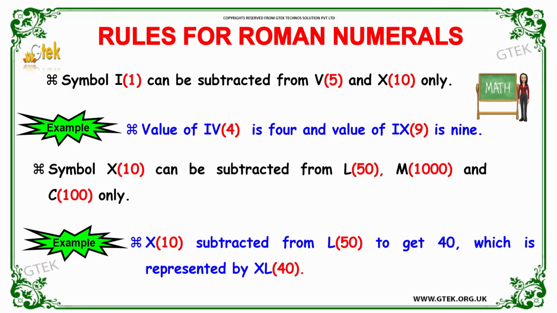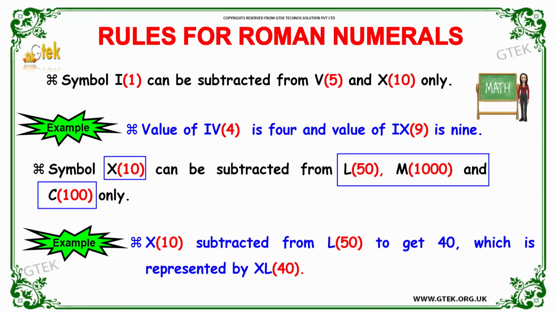Our next rule is that X, which has the value of 10, can be subtracted from the values such as 50, 1000 and 100 only. So L is 50, M is 1000, C is 100.